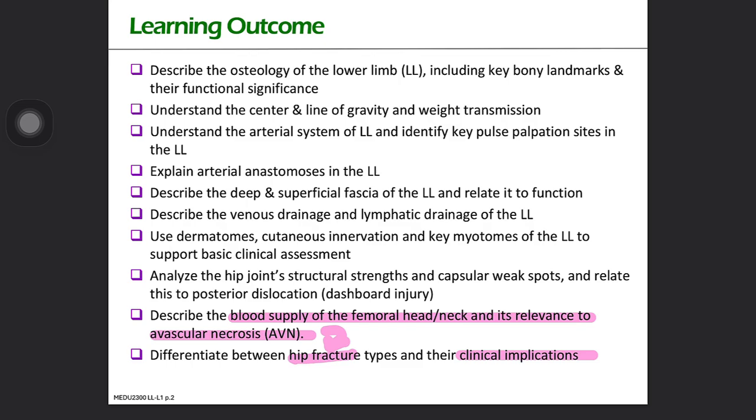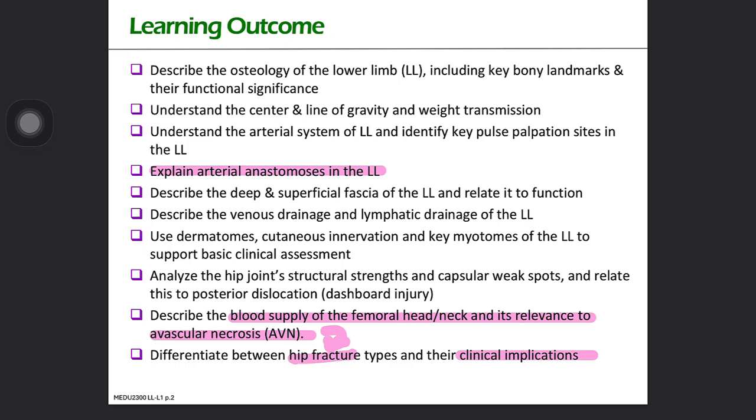And then, above all, the arterial anastomosis in the lower limbs is one of the big topics that we have to go for. Why? Think about it. We have to do different actions, different patterns of movement, whether you're running or lifting heavy weight.